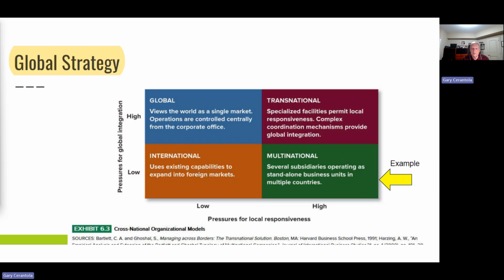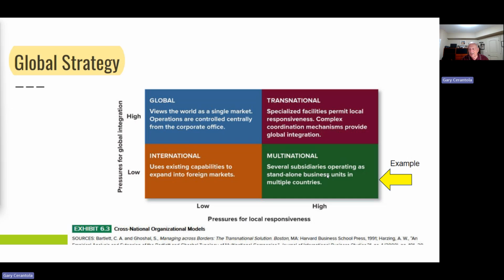But here are the different types of organizations. You can see that a global organization views the world as a single market. Operations are controlled centrally. That's really kind of an Apple kind of company. And where you have a multinational, there are several subsidiaries operating as standalone business units in multiple countries.